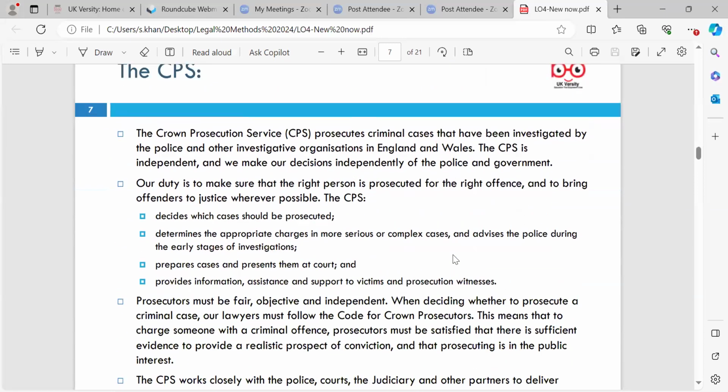The CPS prosecutes criminal cases that have been investigated by the police, as mentioned, and other investigative organisations in England and Wales. They are independent, and their duty is to make sure that the right person is prosecuted for the right offence and to bring offenders to justice wherever possible.